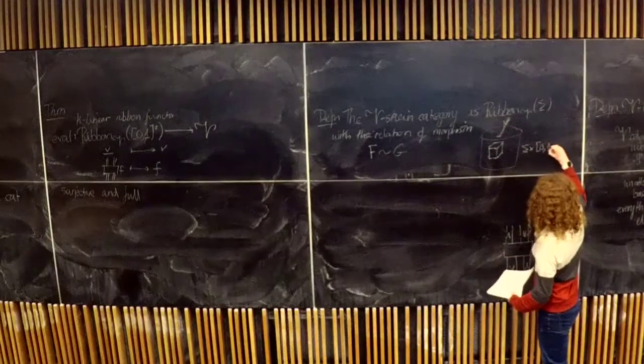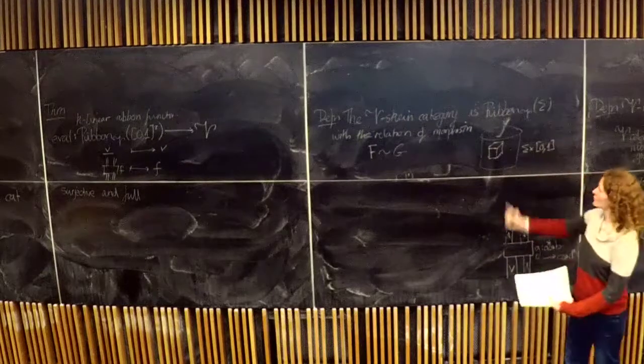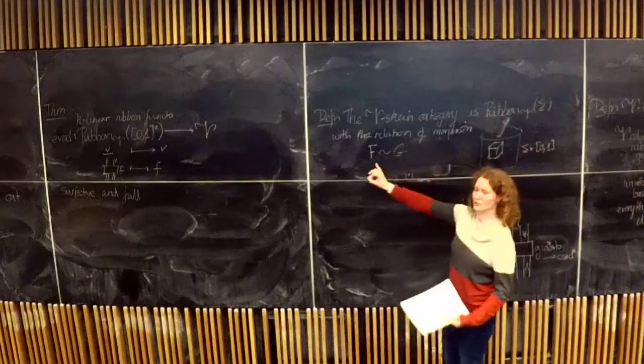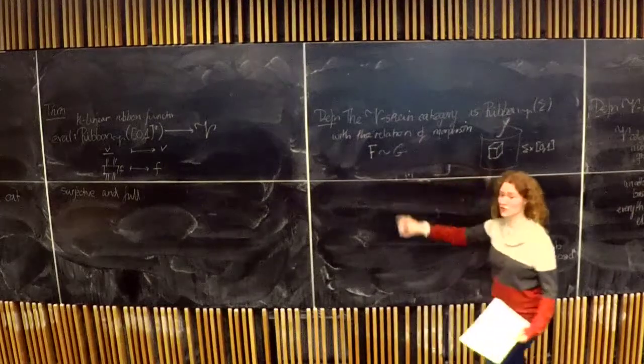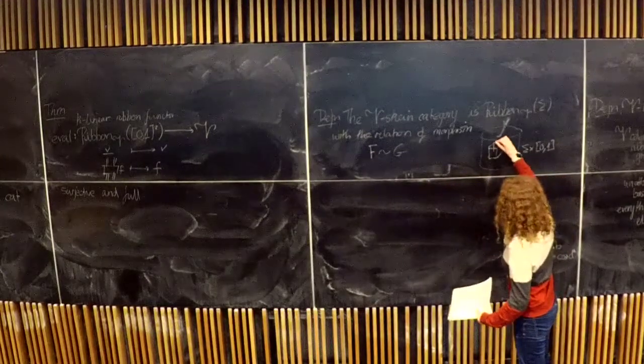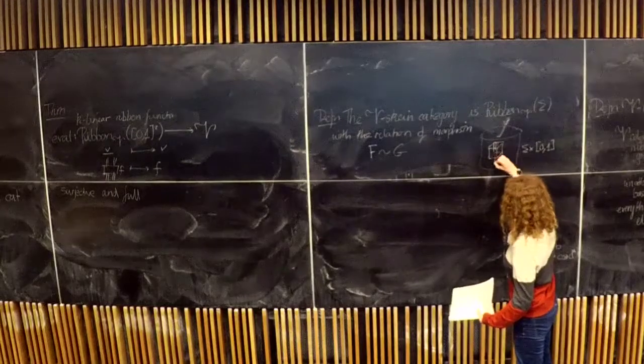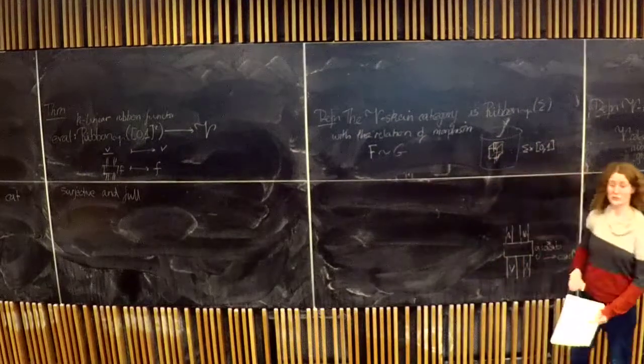Okay, so this is this cube, and we're also going to assume that this cube intersects the ribbon diagrams in F and G quite nicely. So it only intersects along the top and the bottom of the strands, and only in transverse strands. But that's fine.